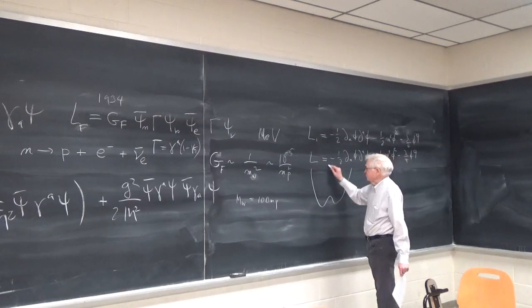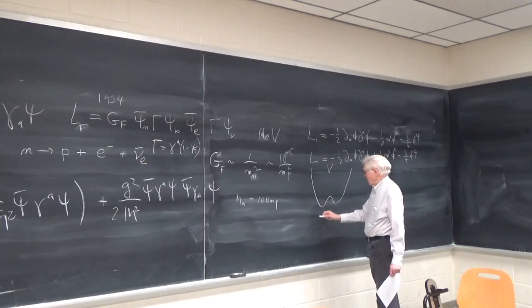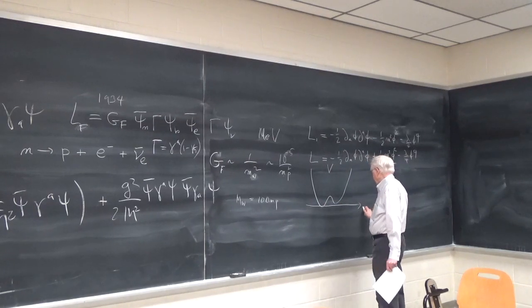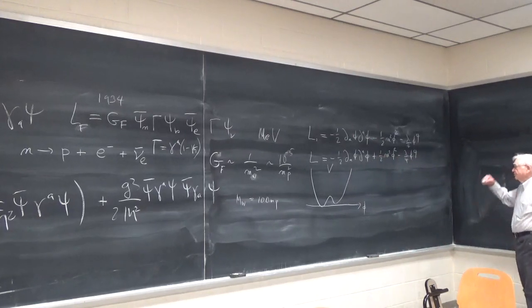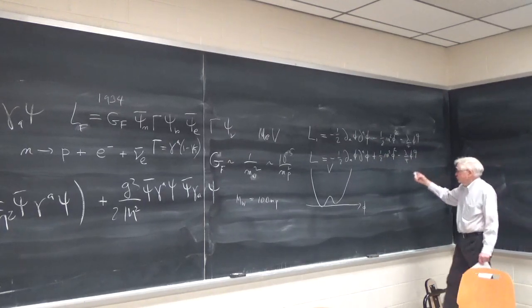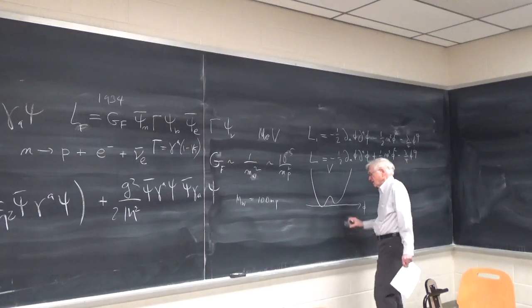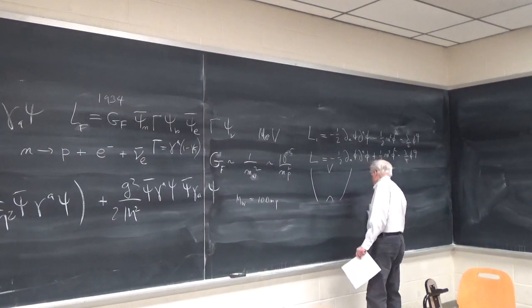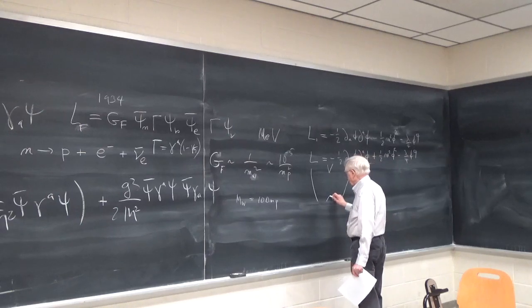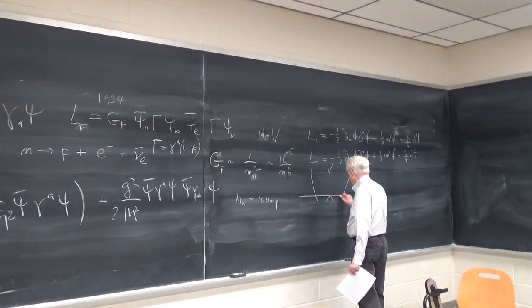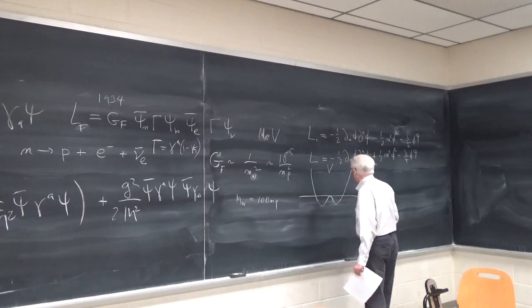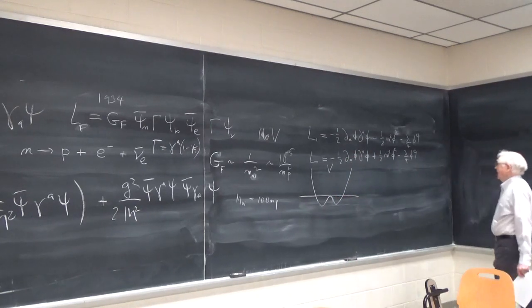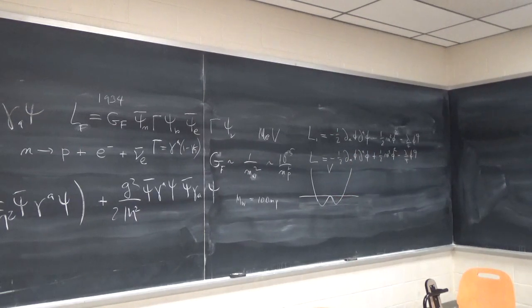This is the potential V, where we're drawing the field phi like that. The way I've drawn it here, it goes below the axis and is 0 at phi equals 0.